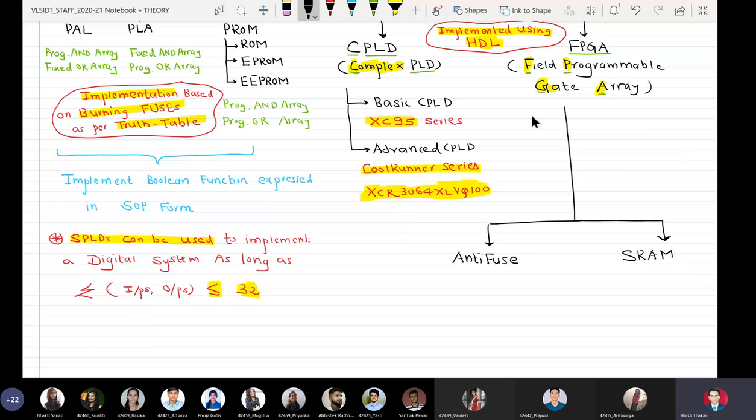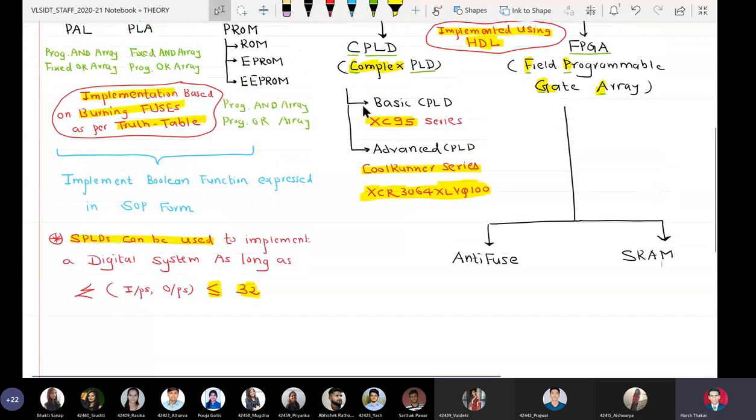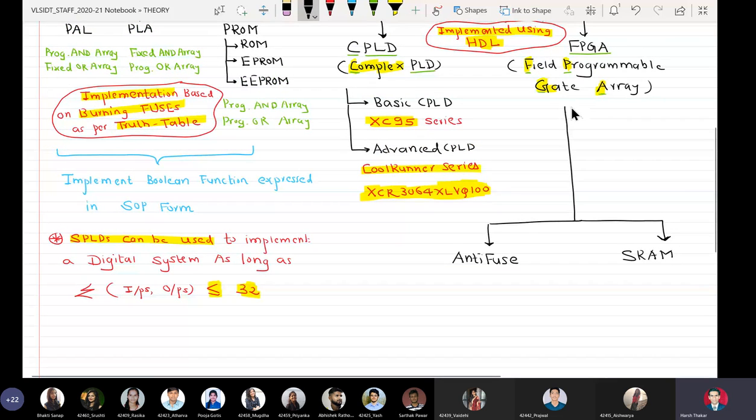Okay. Another classification which is given for FPGAs is also like this. We have fine grain and we have coarse grained also.